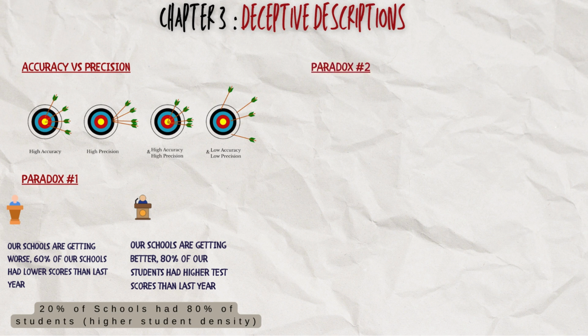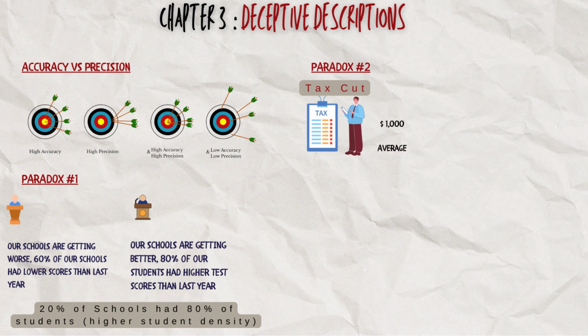Looking at some other paradoxes, say the government announced that they're going to do tax cuts, and these tax cuts are going to save on an average $1,000 for every citizen. Now, does that mean that every citizen is going to save $1,000 in their taxes?